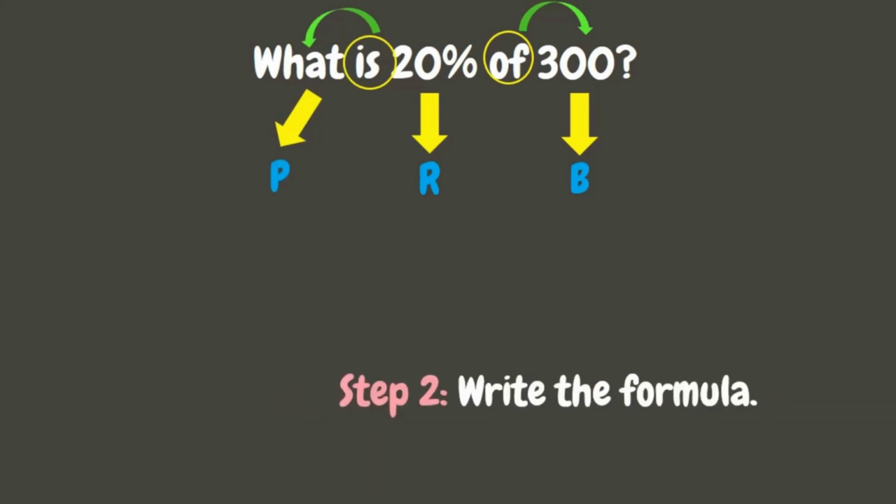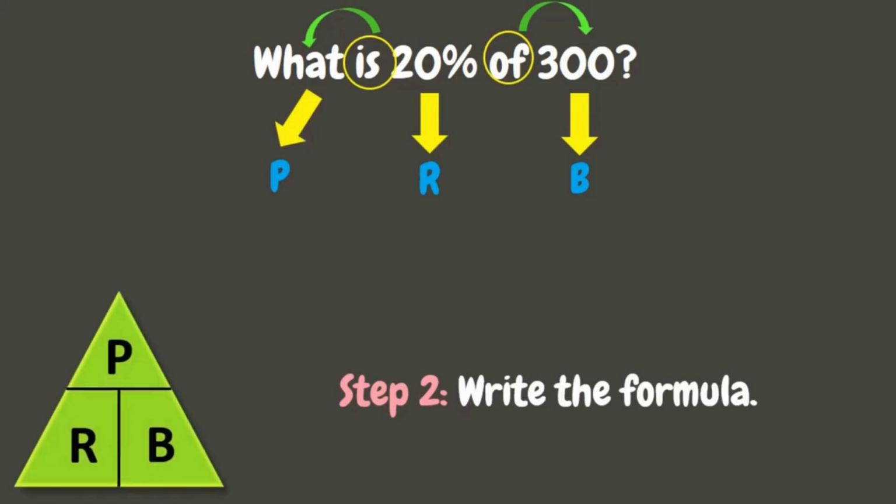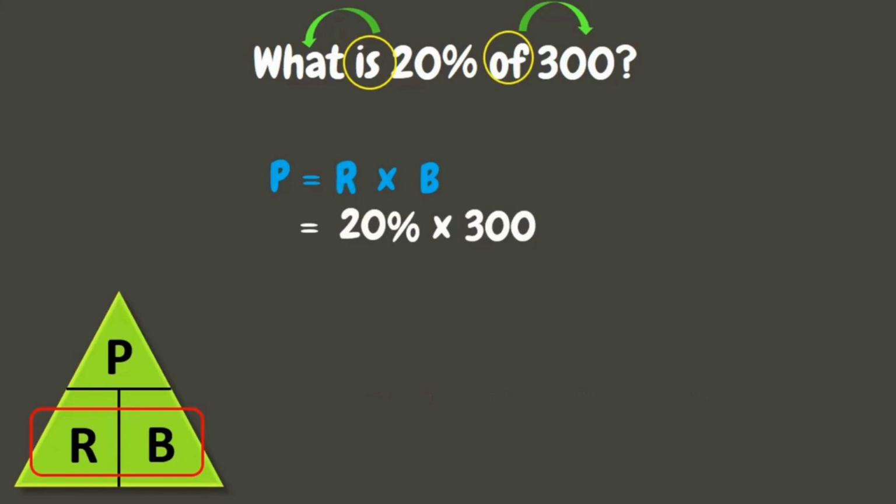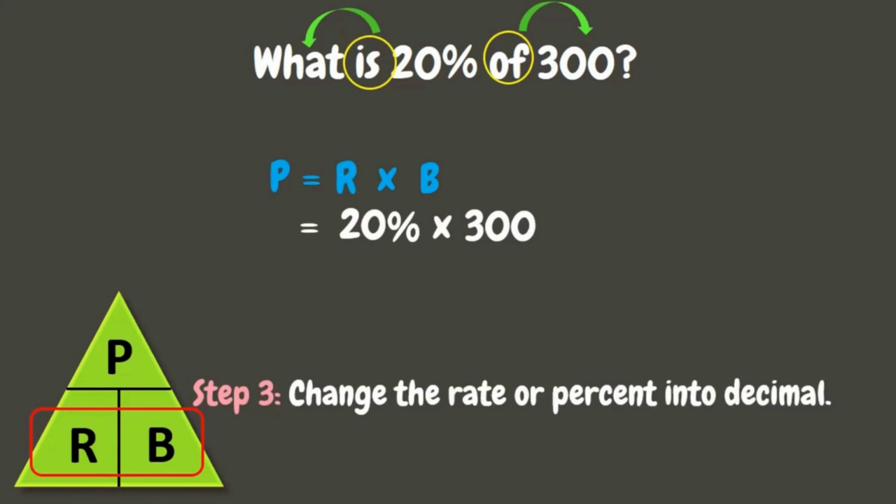Now, let us write the formula. Let's use our triangle. To get percentage, we will multiply rate to the base. P equals R times B. 20% times 300. The next step is to convert or change the rate or the percent into decimal.